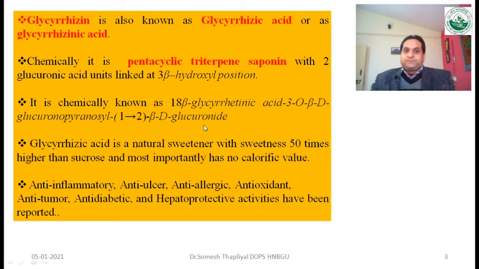So the important point in this slide is that glycyrrhizin is chemically a pentacyclic triterpene saponin connected with glucuronic acid units. It means two glucuronic acids are present, attached at the 3 beta hydroxyl position.